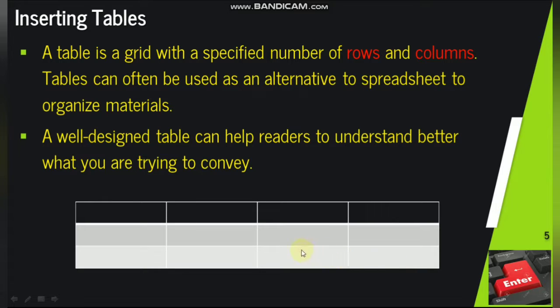If you want the first student's detail, it's enough that you see the first row. So this is a column and this one is a row, and the first row will be your table heading: serial number, name, address, mobile number, like that.